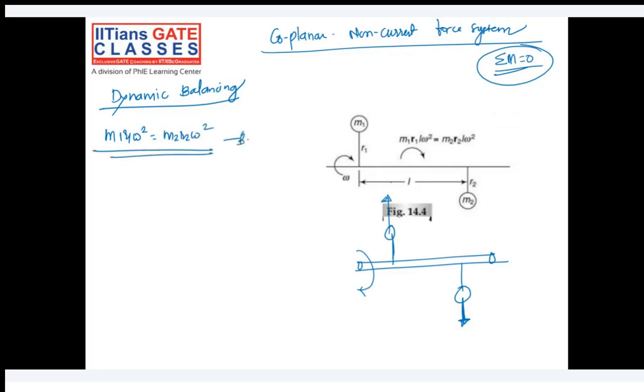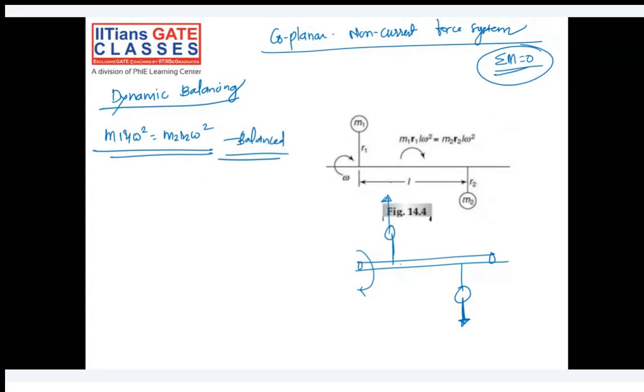Okay, and we have studied if it is not balanced, how to make it balance in the last slide. But now, as they are non-concurrent, it means there is some distance between them. Both the masses are at a distance L from each other, which I have shown in this figure.